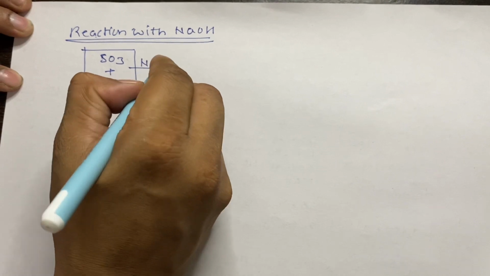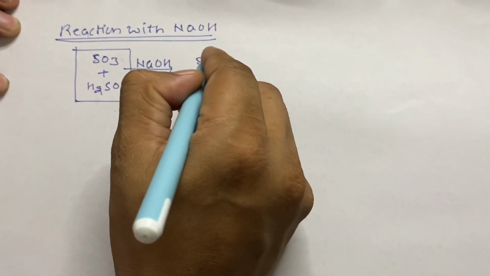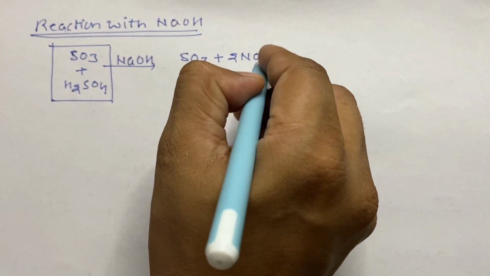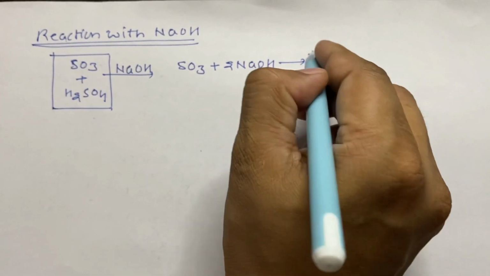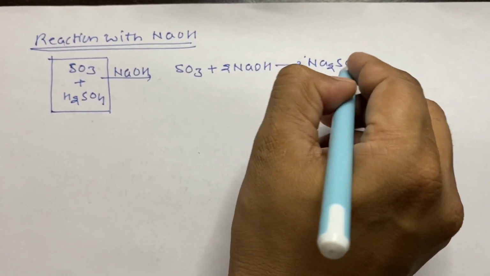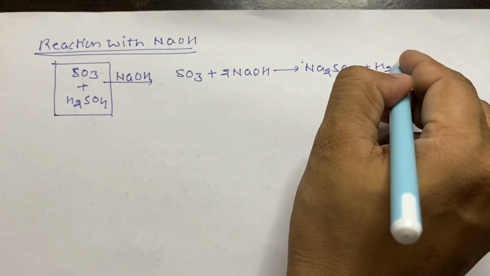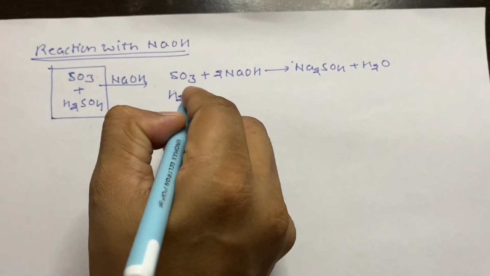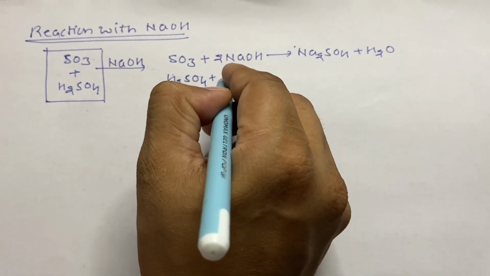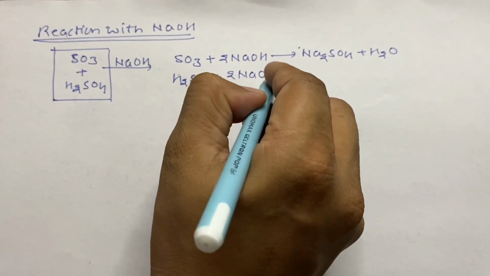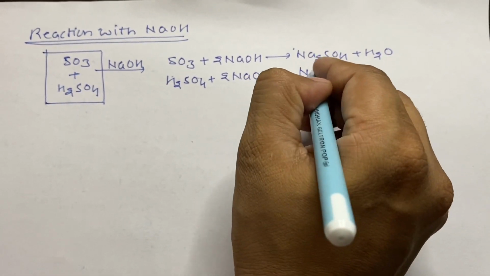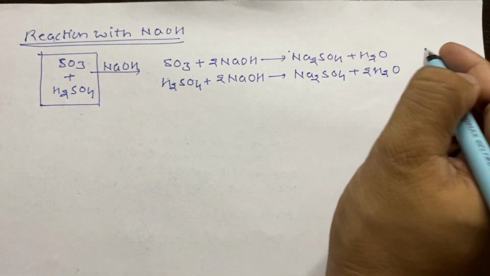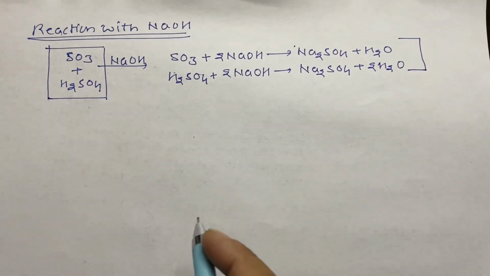When it reacts with NaOH or any base, we can write the reaction for this: SO3 plus 2 NaOH gives Na2SO4 plus H2O, and in the same way H2SO4 plus 2 NaOH gives Na2SO4 plus 2H2O. So these are the reactions of oleum with the base.